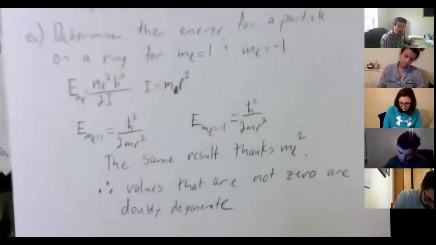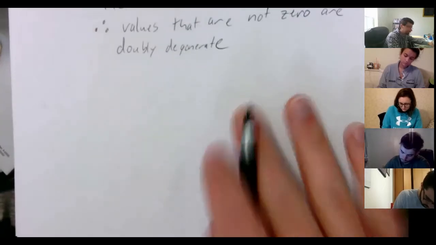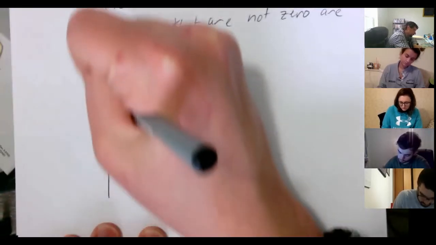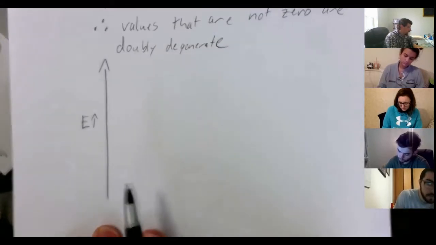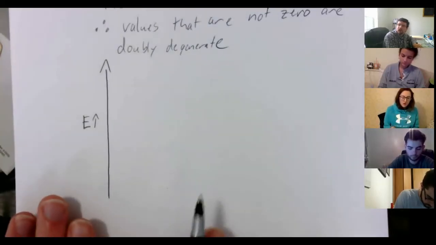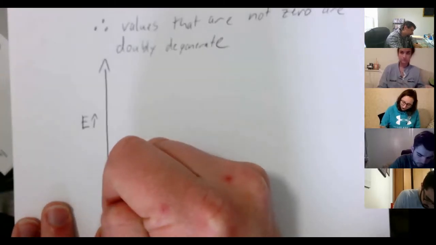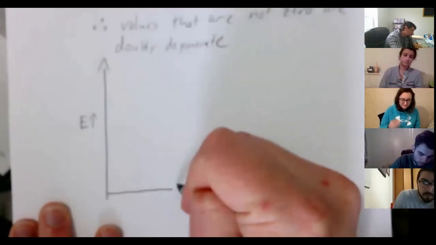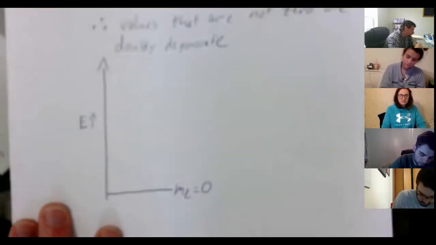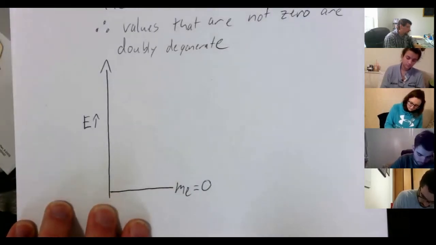What we're going to do is plot these. We'll have energy on this axis, and what we're going to plot is that energy level. So what is the lowest energy level we can have in this system? 0. Yep. ML is equal to 0. Now, what's the next lowest in energy?